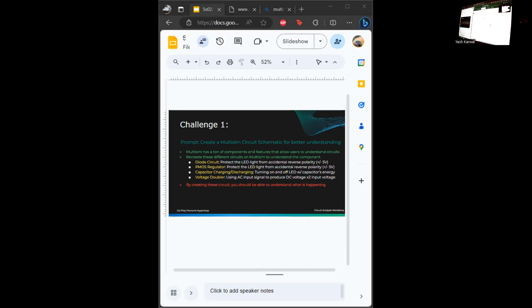Normally you would use 330, but 1K should work too. It also scales with the input voltage: the resistance and the brightness of the LED. I remember testing all sorts of stuff for Blinky Learner to figure out the right brightness, because the very first time I used a resistor with too low resistance, like 330, and the LED was blinding. It gave me temporary blindness every time you looked at it, which was not fun.